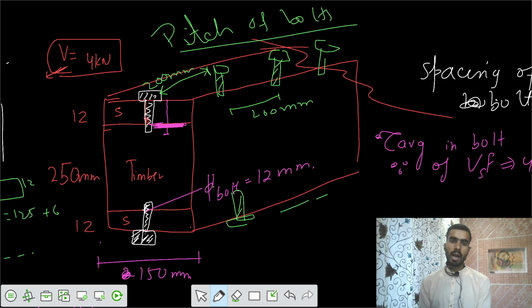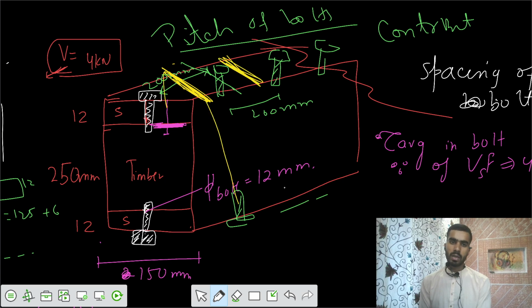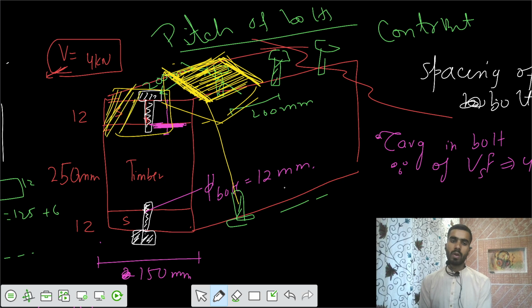The contributing length, or contributory area, would be equal to 200. If you take the mid bolt, from this side 200 by 2 and from the other side 200 by 2, so this area would be contributed by this. So a length of 200 would be contributed by one bolt. But the end ones will contribute only 100 of that length at the ends.